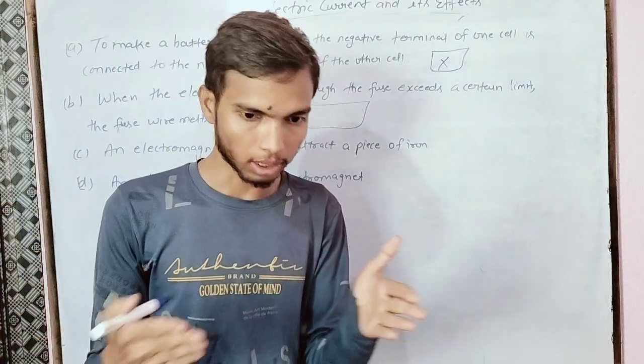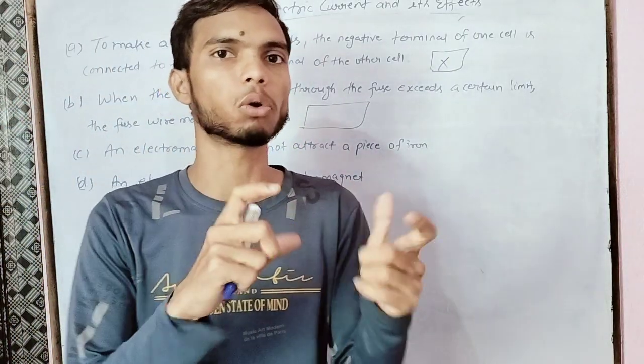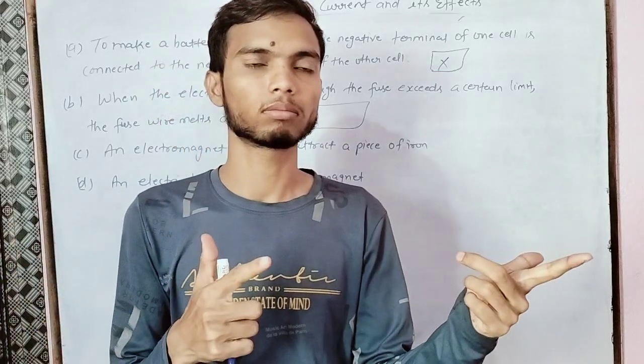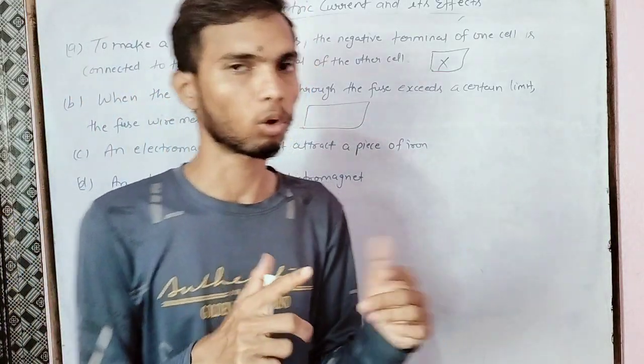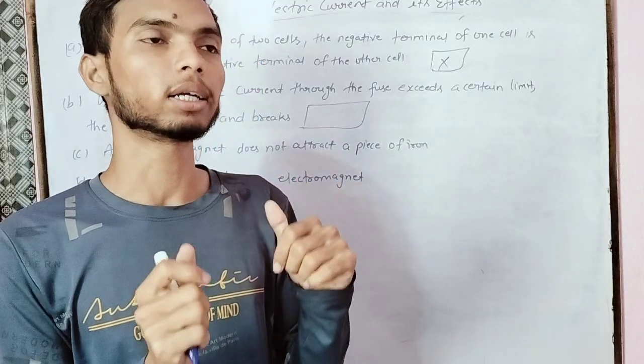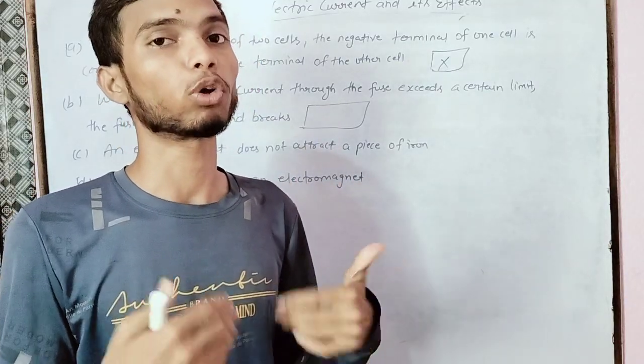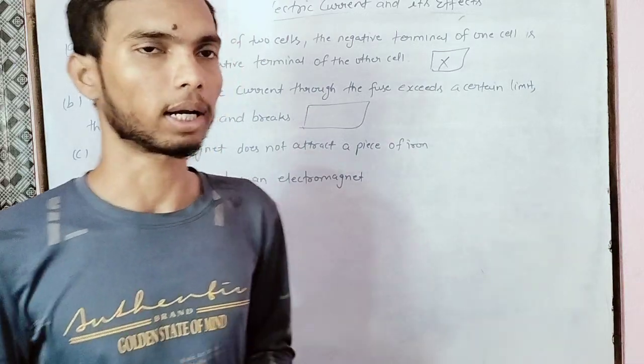Here the connected terminals of two cells should be opposite: positive to negative, negative to positive, not negative to negative, not positive to positive. Then any combination of two cells will form a battery.